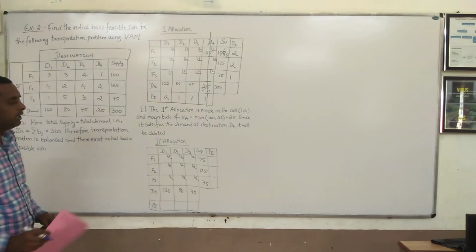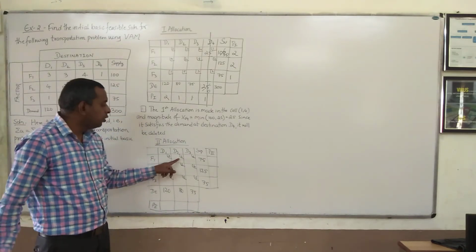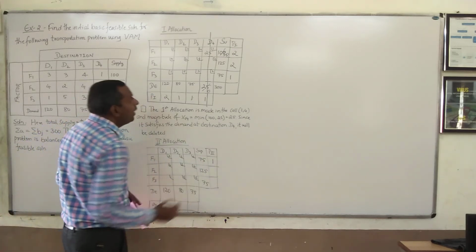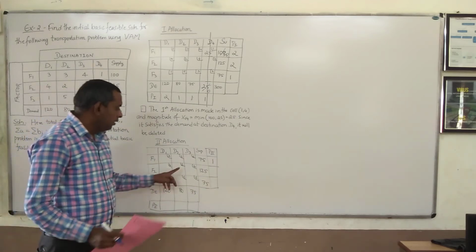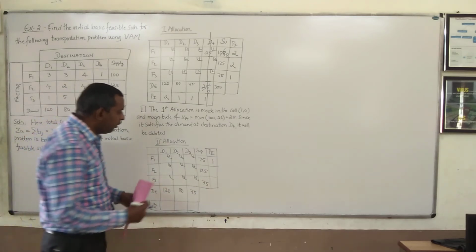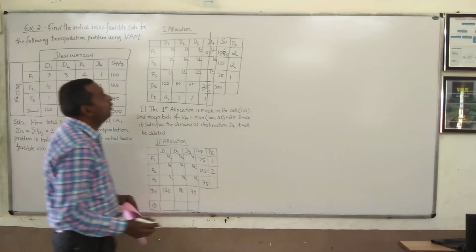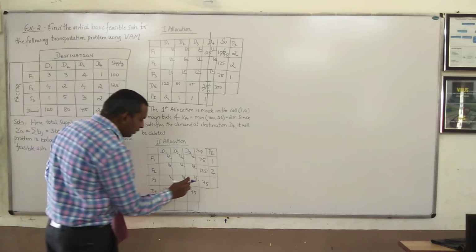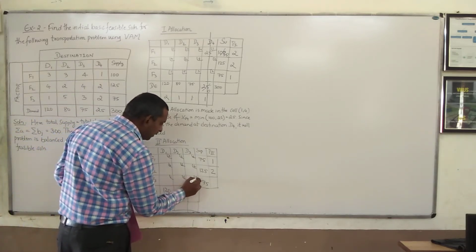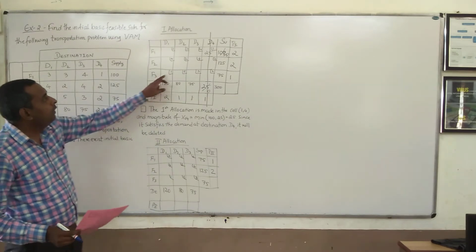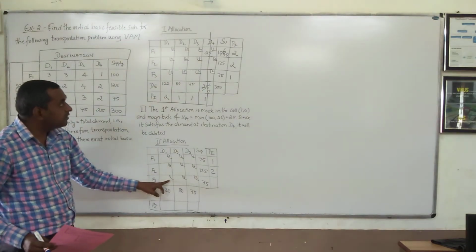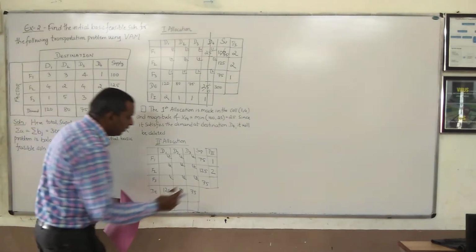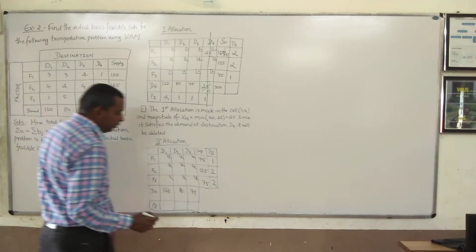So again find the penalty here. Which is the smallest? 2 is the smallest. Which is the next smallest? 3. So 3 minus 2 is 1. 2 is the smallest, next smallest is 4. 4 minus 2 is 2. Fine. So 1, 5, 3: 1 is the smallest, next smallest is 3, so it is 2.